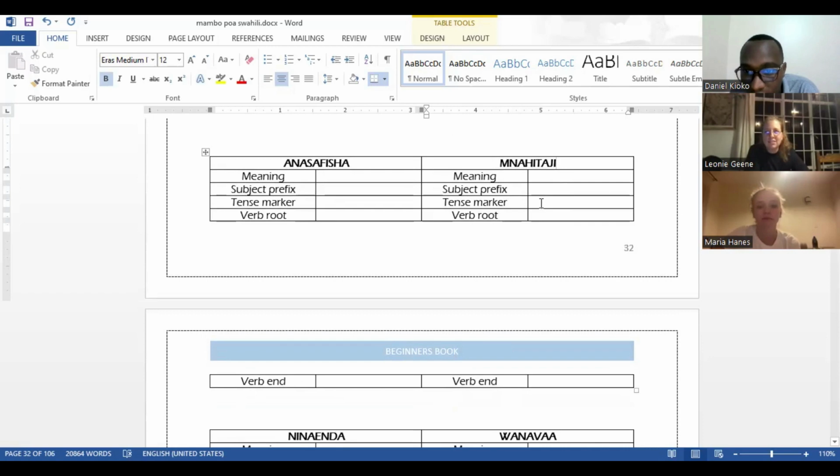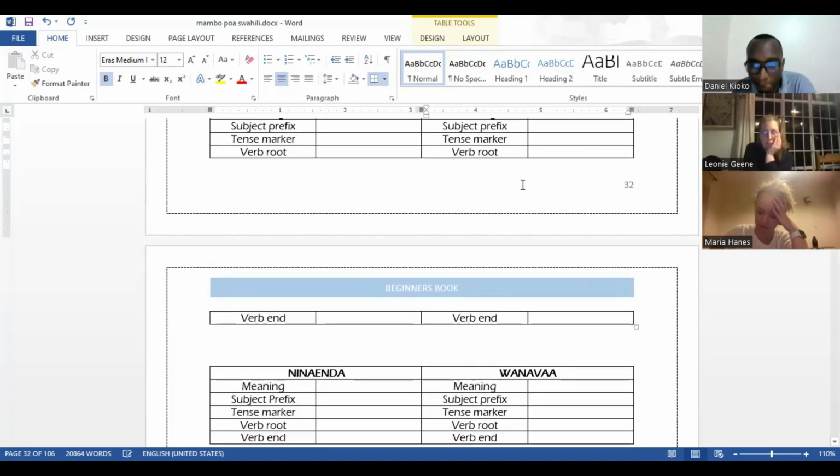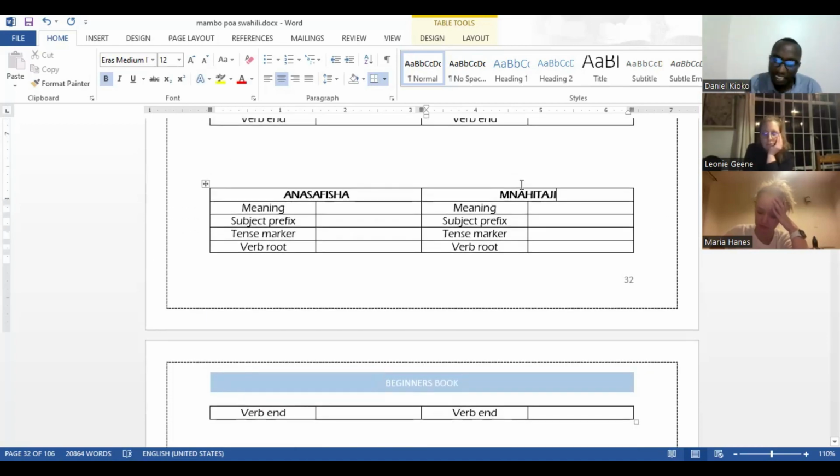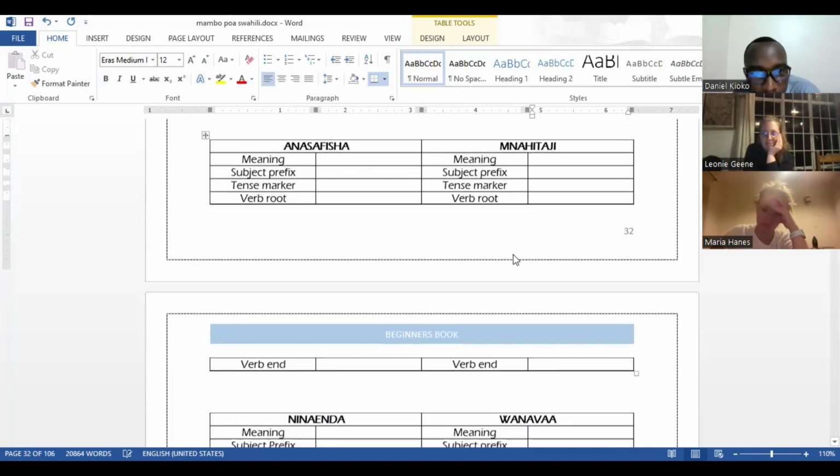This one it is Hitaji, not Hitajia. The verb root is zero because it's borrowed. Hitaji is the Arabic form, but you can't say Hitajia, Hitajiwa, Hitajiana. No, it is just Hitaji. That is what I missed. So the verb root is 0, theta.